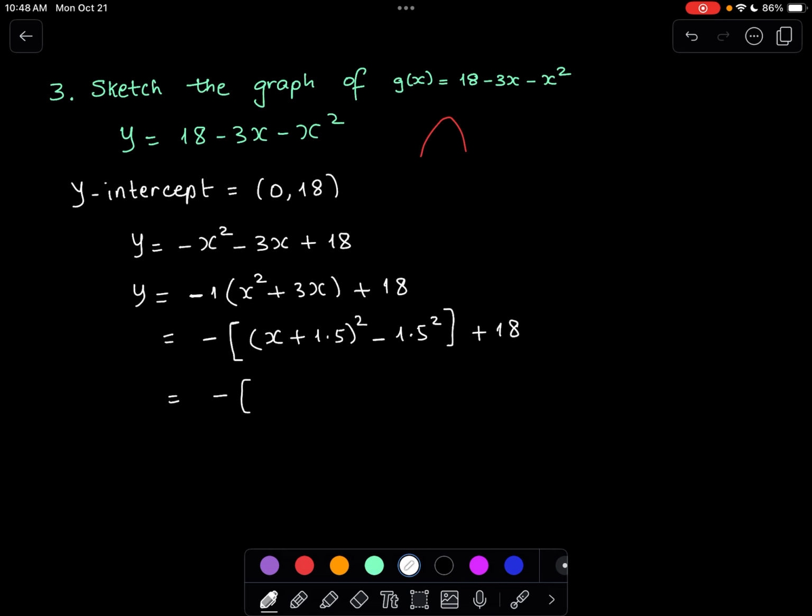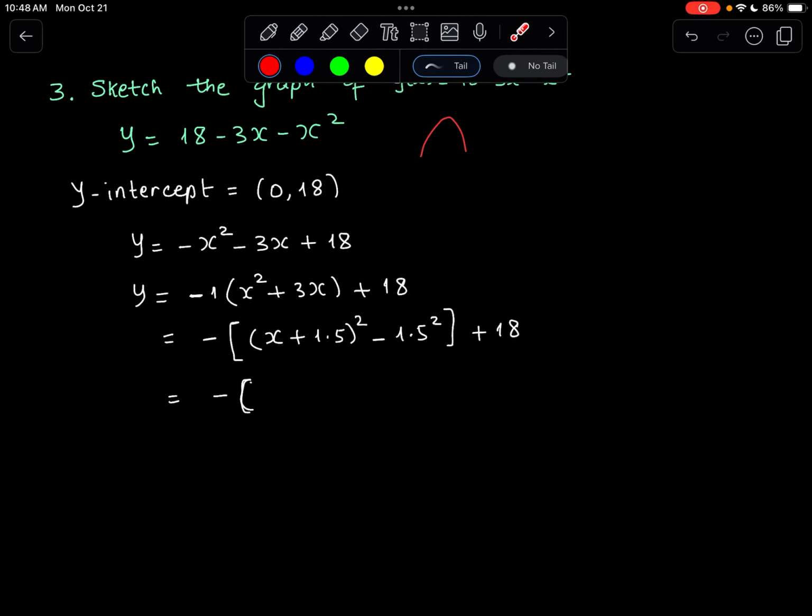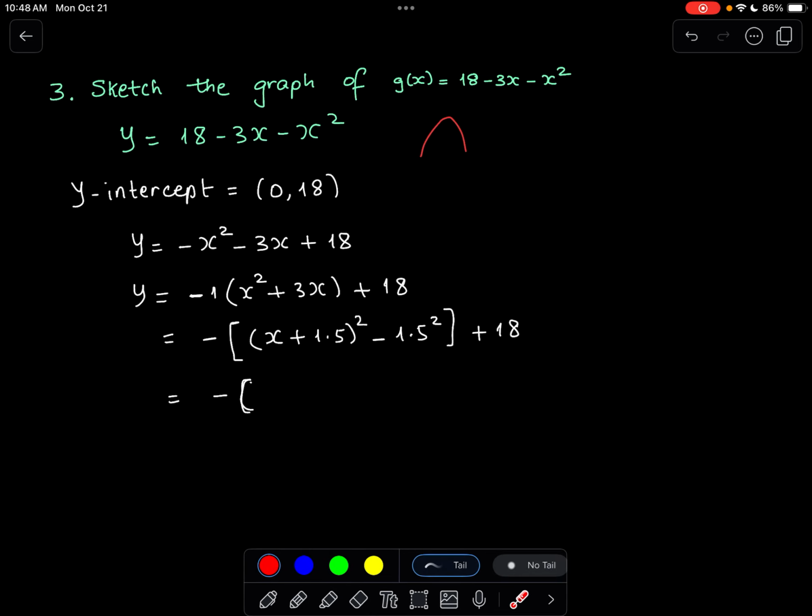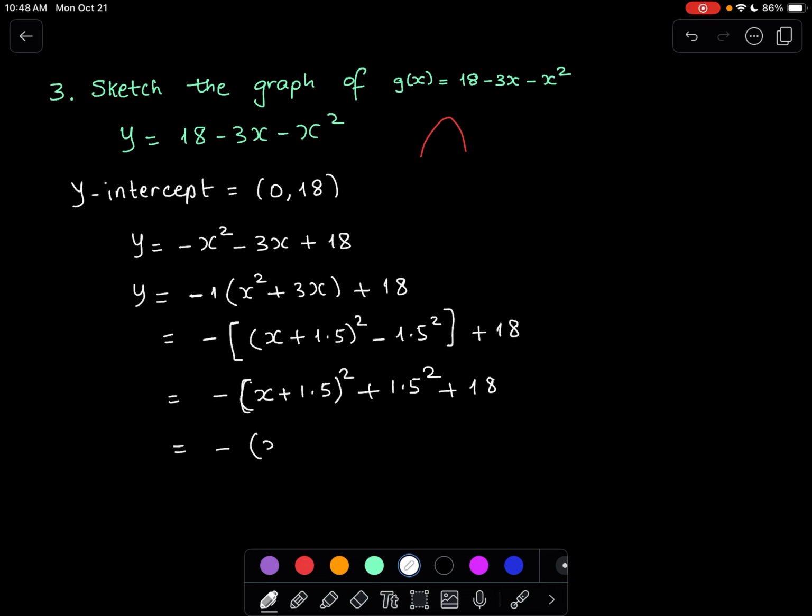Now let us just expand with the negative. That means negative to the bracket and negative to 1.5 squared. So negative and negative is going to give you positive. So we're going to get minus (x plus 1.5) squared, plus 1.5 squared plus 18. Combine the like terms.